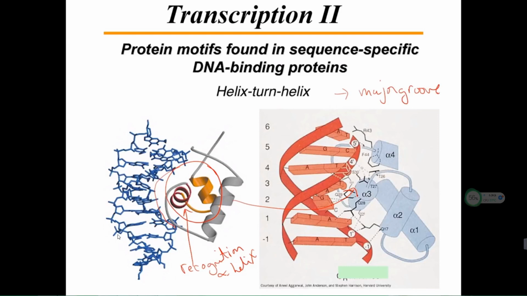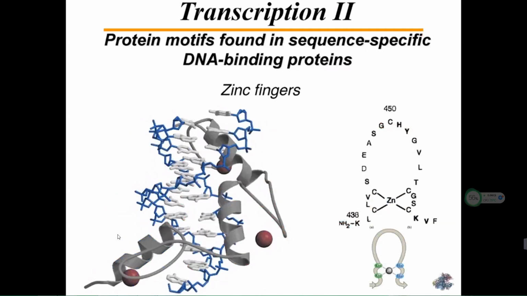Now, zinc fingers are a bit different in that you still have alpha helices in these structures, but they're basically tandem sets of small domains, each of which will bind to a key central zinc ion, which is depicted over here.